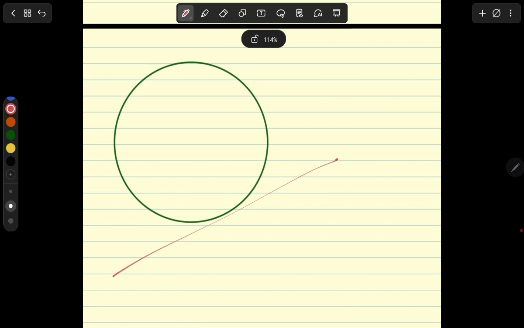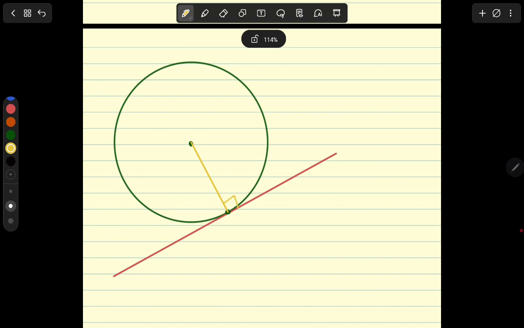Now, if I draw a tangent to this circle, and if I drop a radius from the center of this circle onto the point where this tangent is touching the circle, then it only does at 90 degrees, right? So this is always going to be a 90 degrees angle, right?